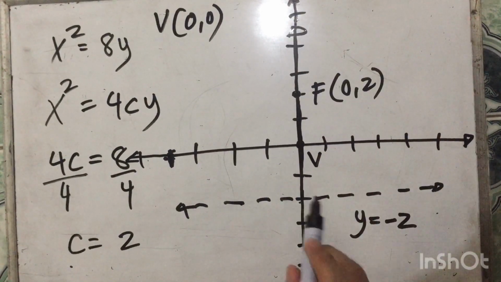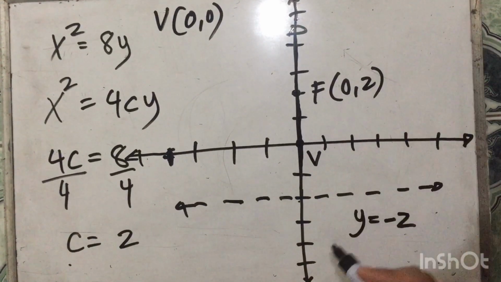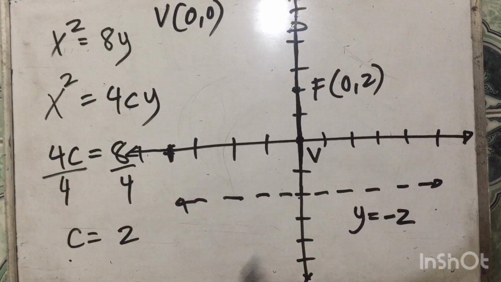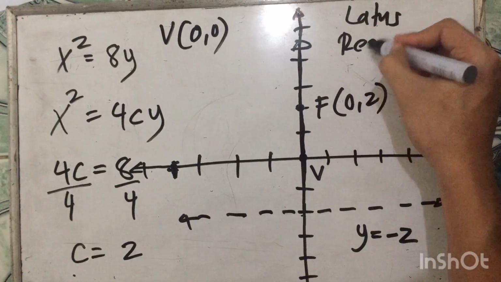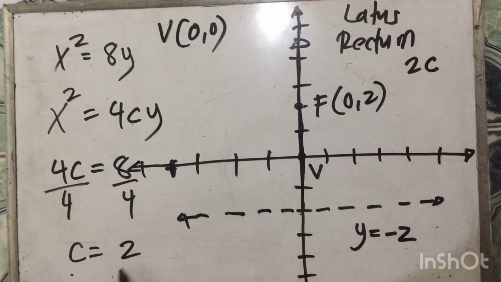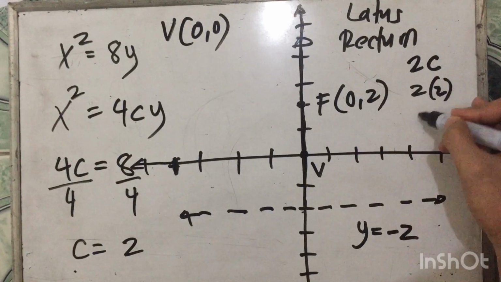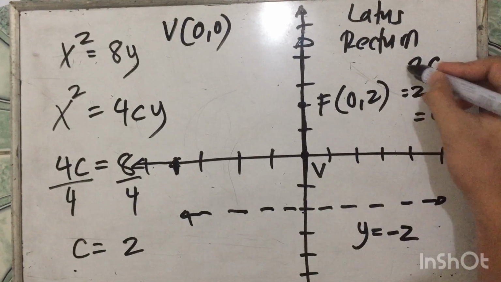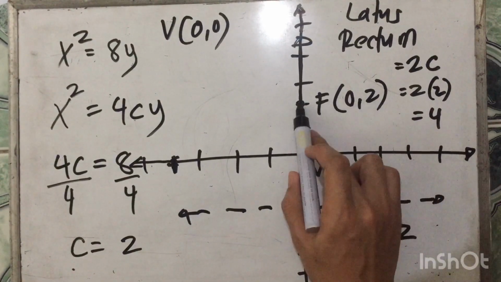And then to plot the given equation, we have to determine the latus rectum. How do we find the latus rectum? The latus rectum is given by 2c. That means we multiply c by 2. So we have 2 times 2 equals 4. From the focus, we count 4 units to the right and 4 units to the left.